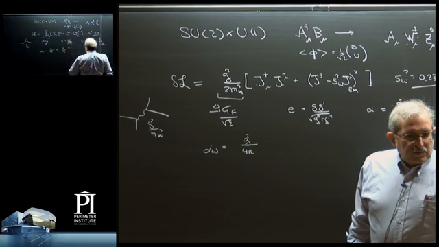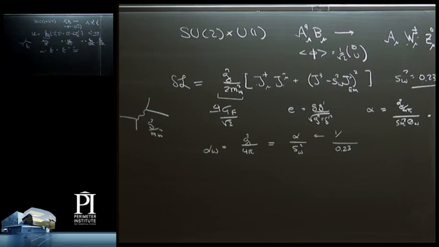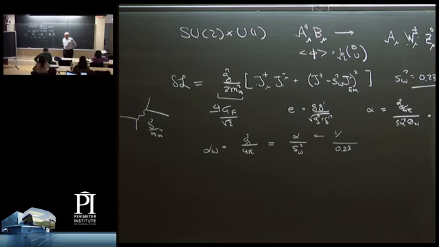Now it's interesting to evaluate this. Let's put in here the right number. And for this, I'm going to put in 0.23. What is the right number to put in for alpha, by the way? Sorry? No. We discussed this already. We're talking about a mass scale now of 100 GeV.